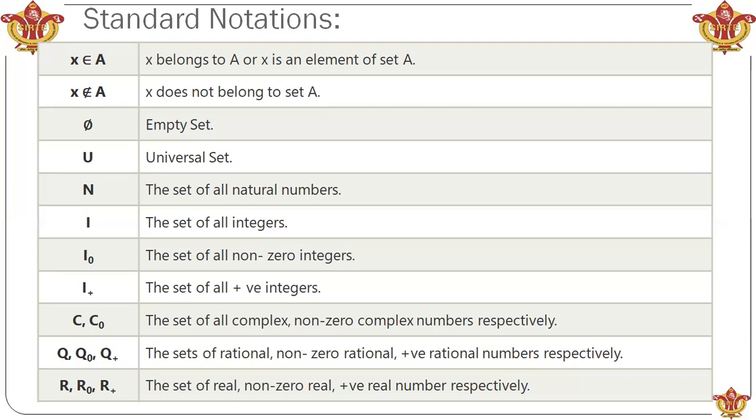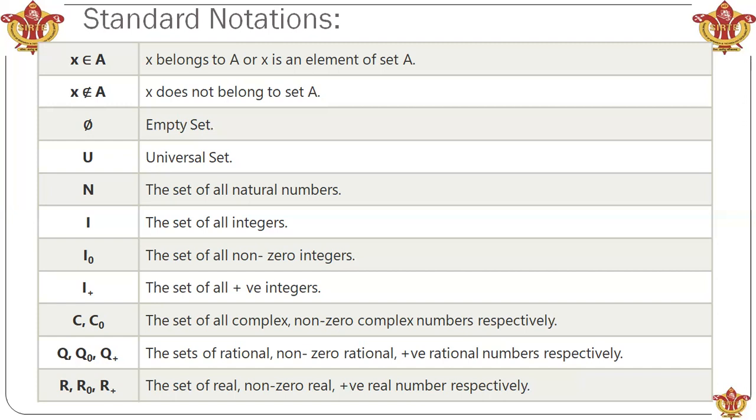C comma C0 equal the set of all complex numbers and non-zero complex numbers respectively. Q comma Q naught comma Q plus belong to rational numbers, non-zero rationals, and positive rational numbers respectively. And R comma R0 comma R plus are the sets of all real, non-zero real and positive real numbers.